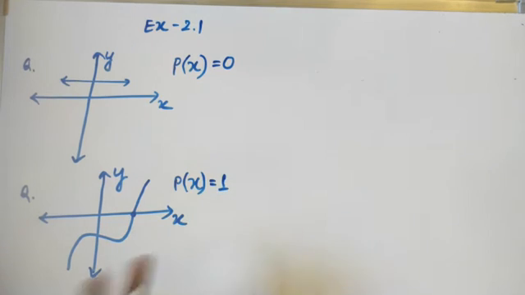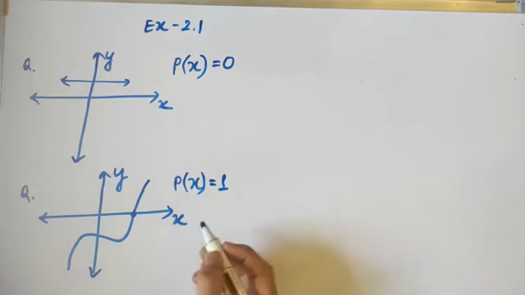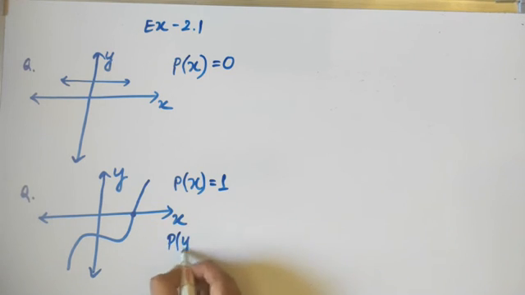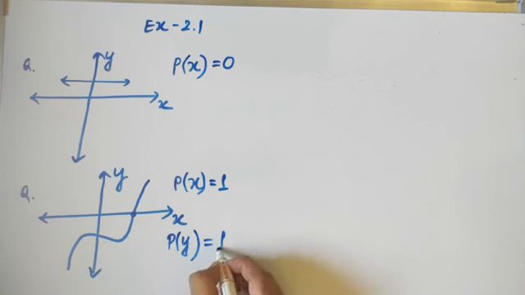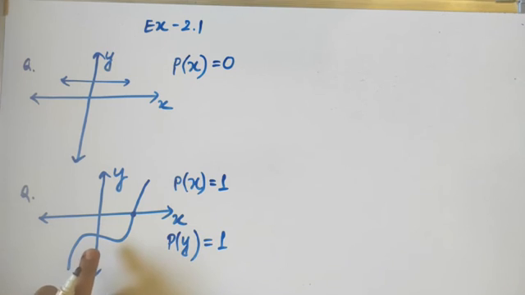Only one time. See, p of x is 1. We will not count this one because it is intersecting the y-axis, and the question is of p of x. If the question is p of y, the answer is only 1 because it is intersecting the y-axis at only one point.